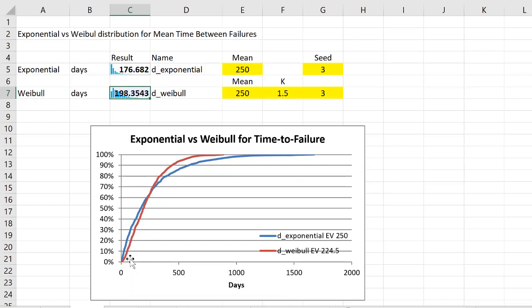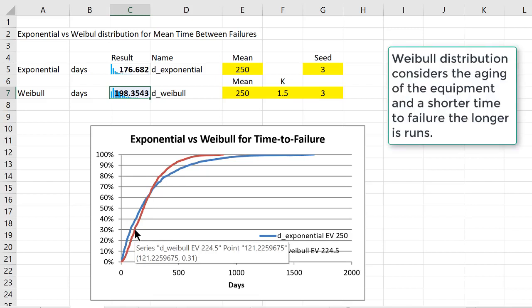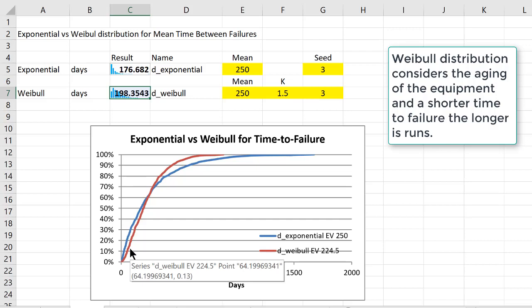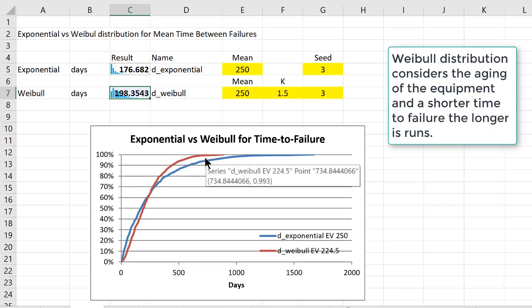And as you can see, at 121 days, it's a 31% chance that I'll be less than 121 days with the Weibull. But if I go up a bit, we see that there's like a 40% chance with the exponential. So I'm going to have longer run times initially with the Weibull, but then I'm going to have shorter run times later on because of the aging of the equipment.